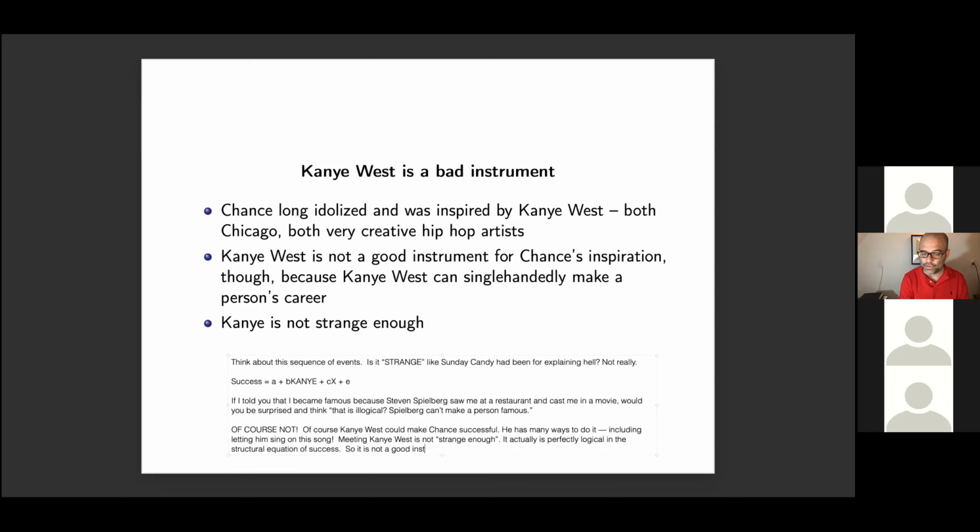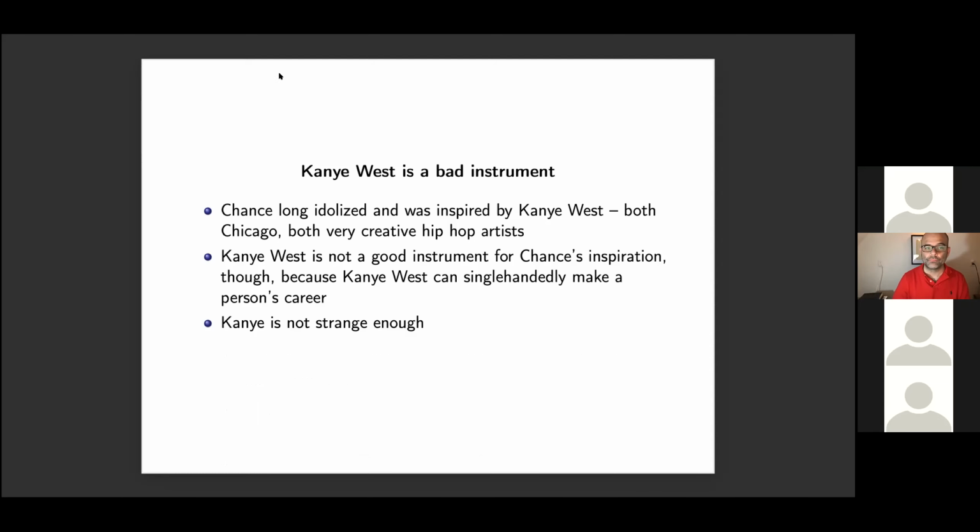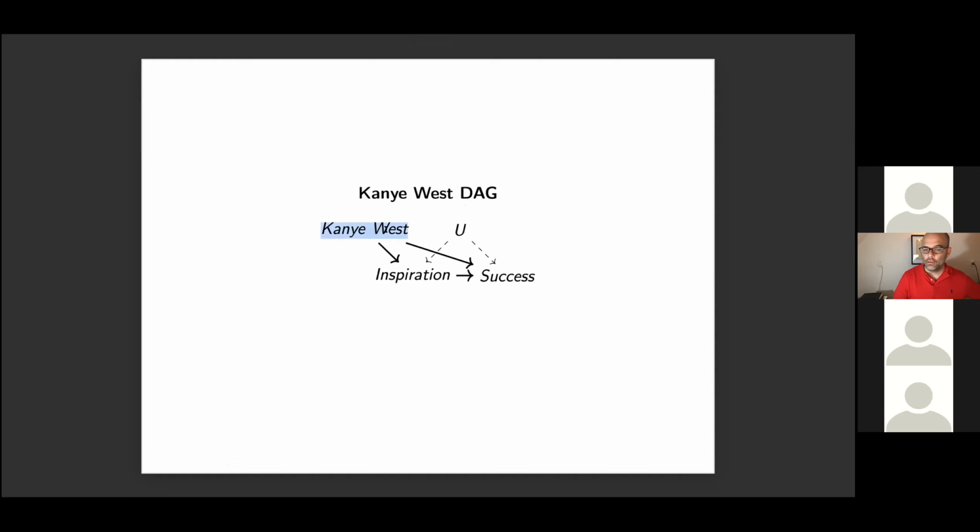So it is not a good instrument because it is likely correlated with E, or it just belongs anyway. Here, Kanye West can directly affect success. Kanye West could have a common cause. Right? Anything like that? Either KW affecting success or a common cause between KW and you will violate the identifying assumptions for KW to be a valid instrument.